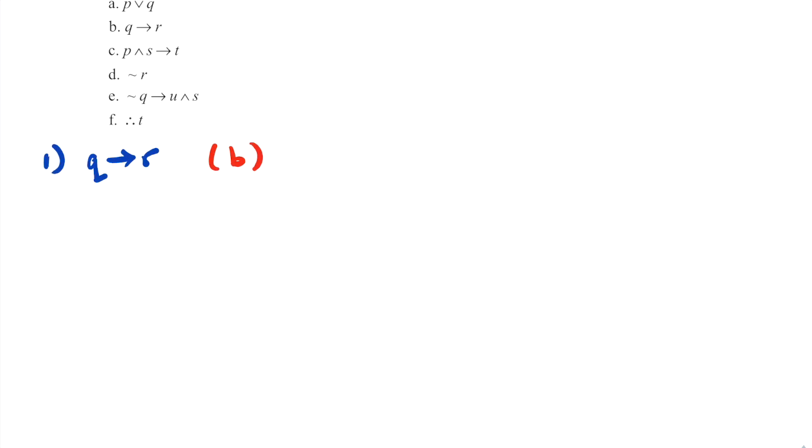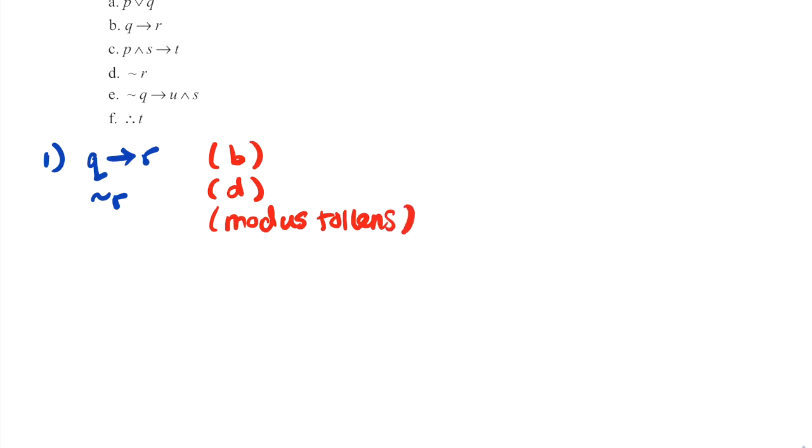All right then, well, Q implies R. What else could we use? Beautiful. We could use another premise that says not R, right? What premise was that? Awesome. Premise D. Well, by modus tollens, what would we then have?